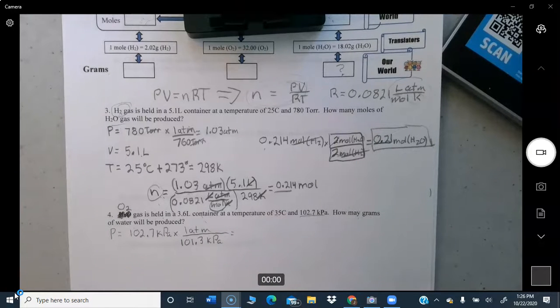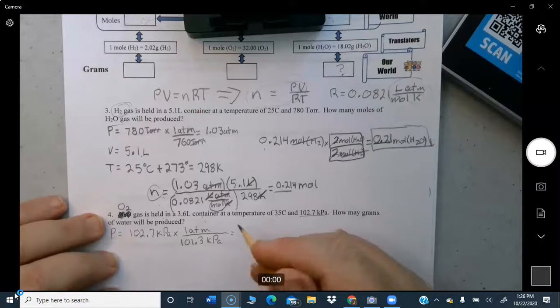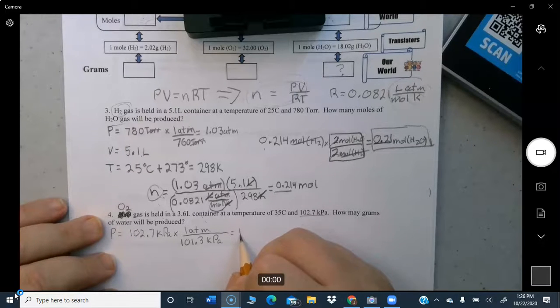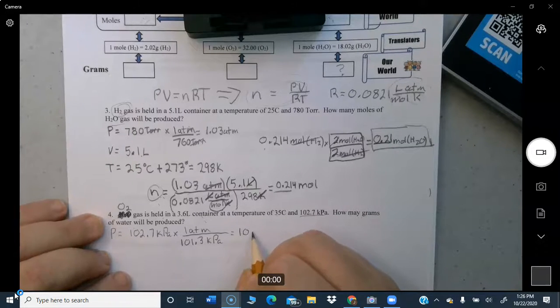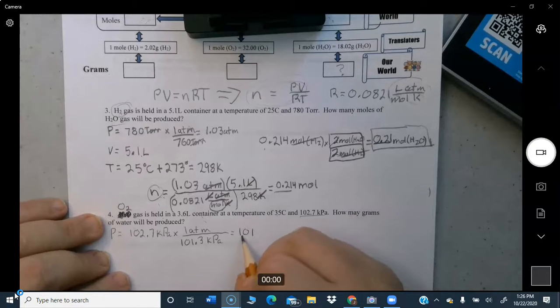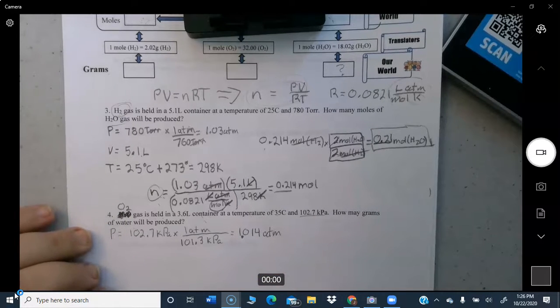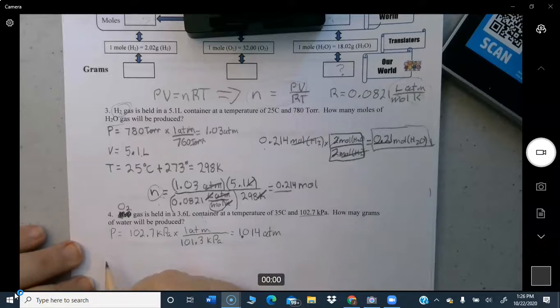And we got 4 significant figures, so it's 1.014. So 1.01 there.